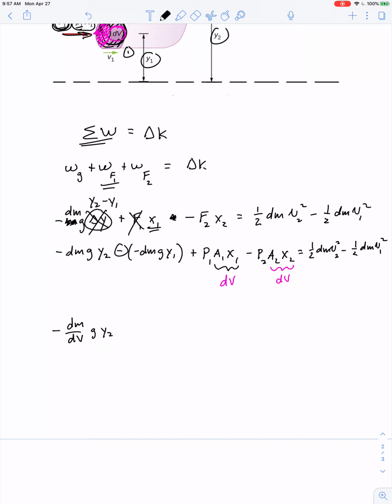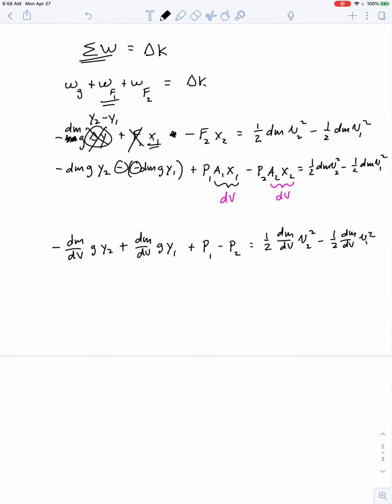Let's see, negative creates positive, so positive dm over dV g y1 plus p1 minus p2 equals 1/2 dm over dV velocity number 2 squared minus 1/2 dm over dV velocity number 1 squared.